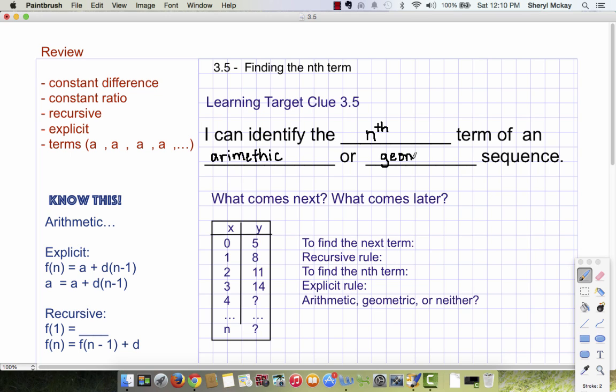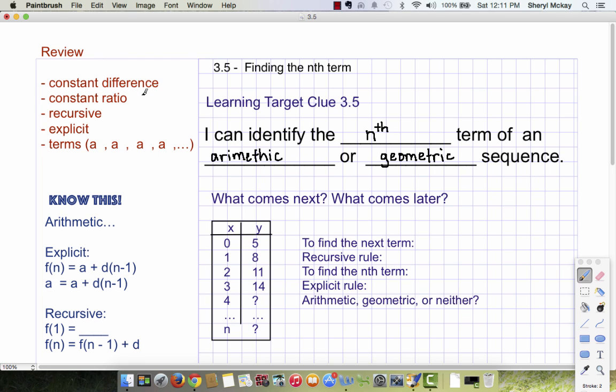I can identify the nth term of an arithmetic or geometric sequence, and that means whatever term I want it to be. So I might have a sequence and I want to know what the 50th term is, or the 100th term, or the 1000th term. I'm going to be able to do that using what I know about explicit and recursive equations.